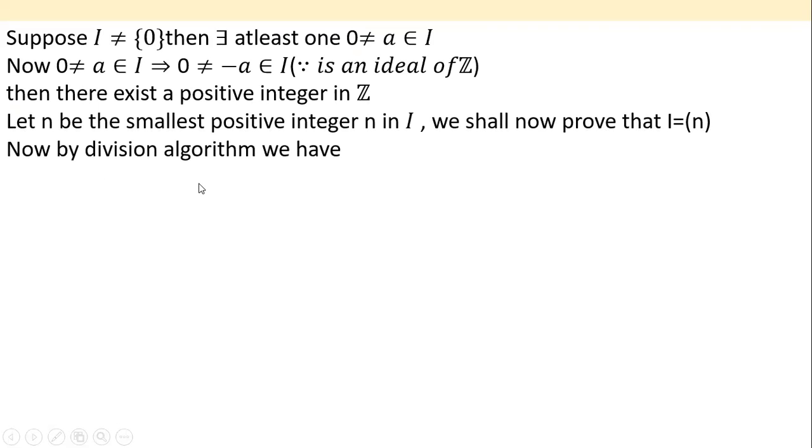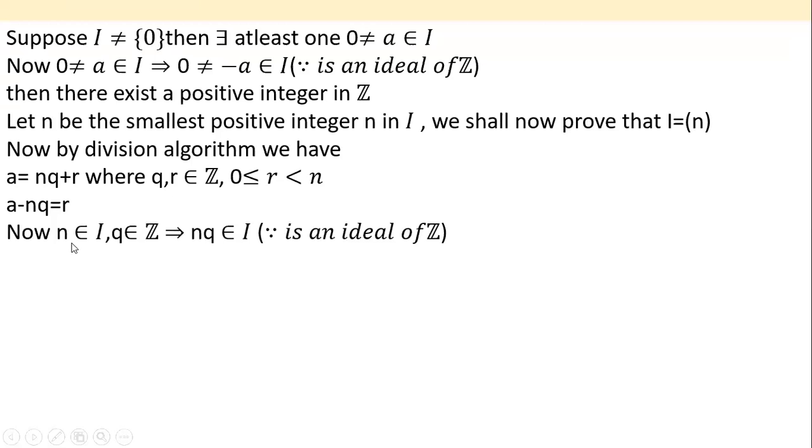Now, by the division algorithm, we have a = nq + r, where q, r belong to the integers and 0 ≤ r < n, that is r = a − nq.